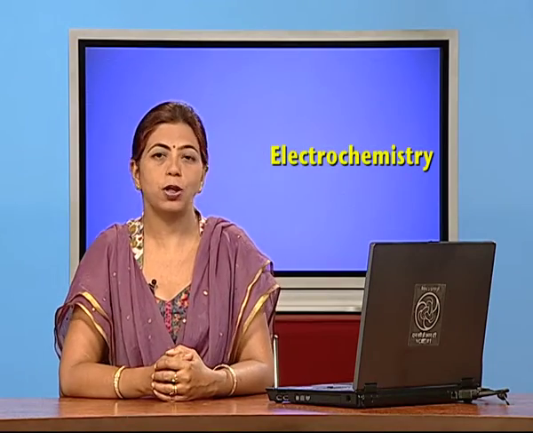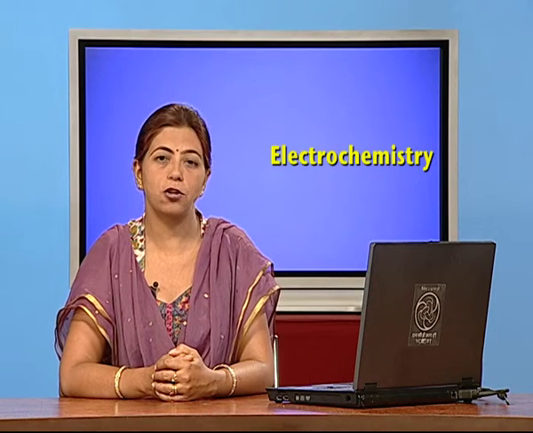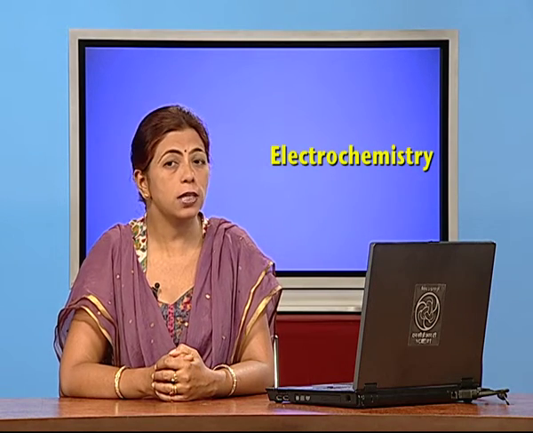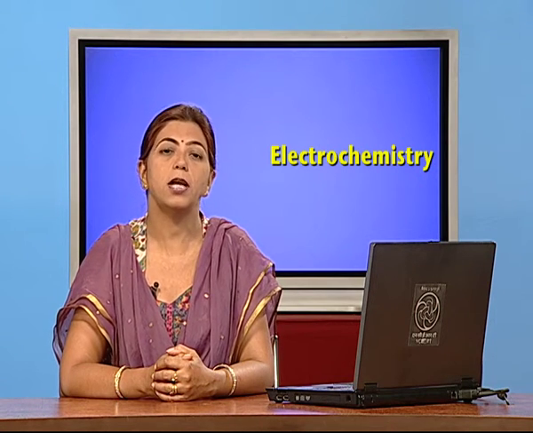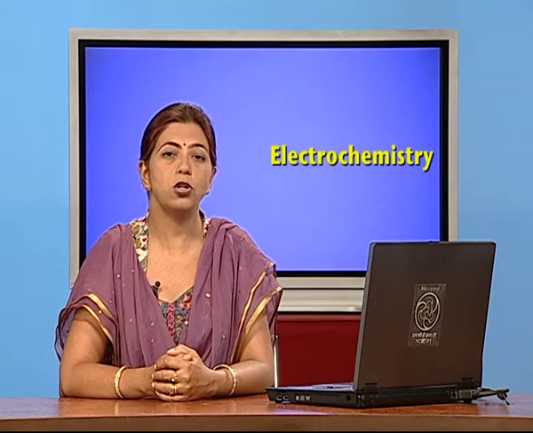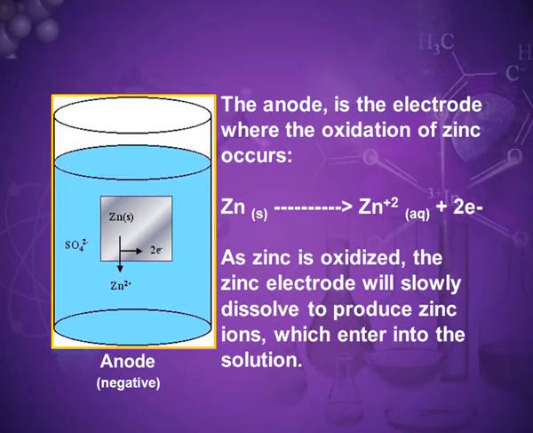In the picture you can see that there is a beaker. A beaker has a strip of a zinc metal. It acts as electrode, and this zinc strip, or you can say the zinc electrode, is dipped in 1 molar solution of zinc sulfate. This half cell is anode because it loses electron.